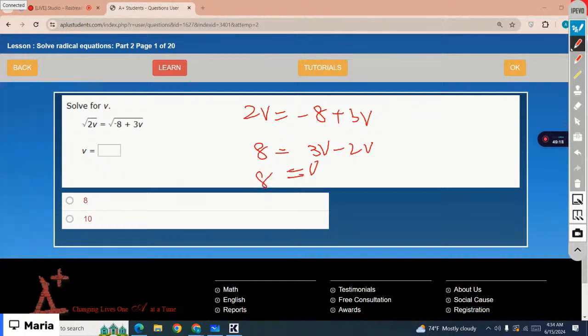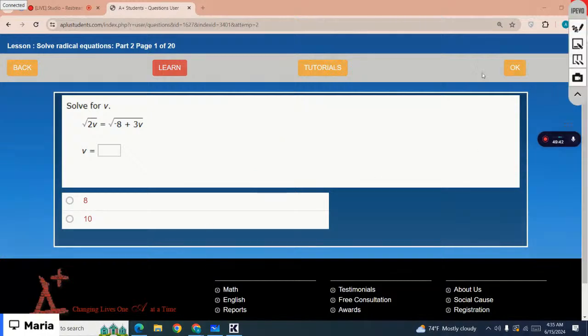Option number 1 is the correct option. The correct option is v equals 8. Option number 1 is the correct option.